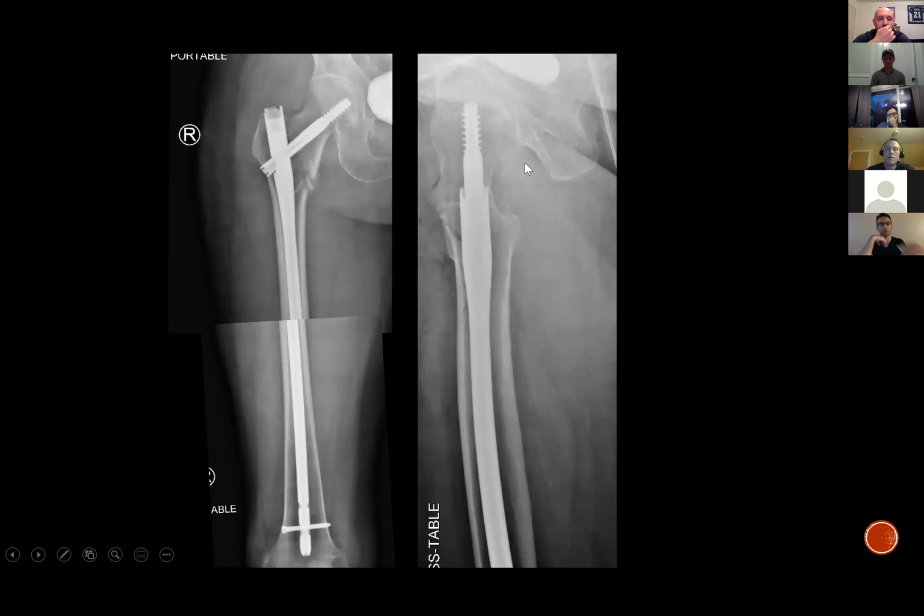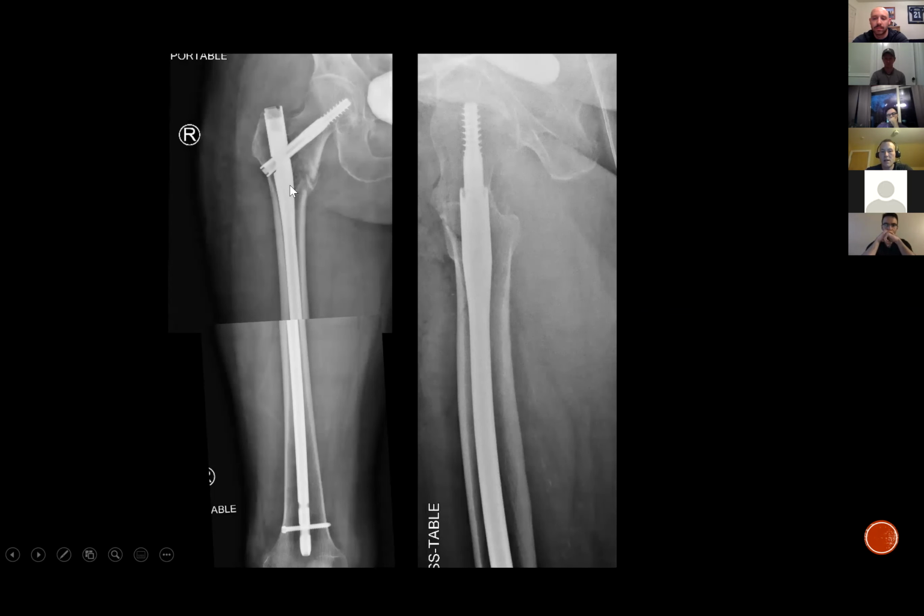Sure. So again, this is a very different indication than a femoral shaft. So in a hip fracture, we are only asking the nail to keep this bolt in the relatively correct alignment to the shaft. So you have a lot of distance from here all the way through a narrow shaft all the way down.